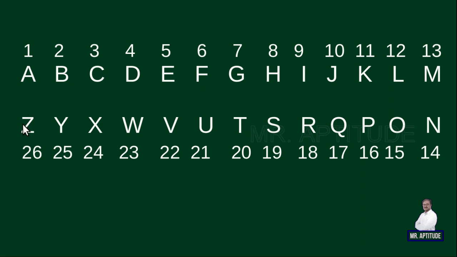B is 2, Y is 25. Sum of these two gives you 27. And so on. 13 plus 14 gives you 27. If you find two letters such that the sum of their place values is 27, those two letters are known as opposite letters. The same thing was explained in one of the previous sessions.